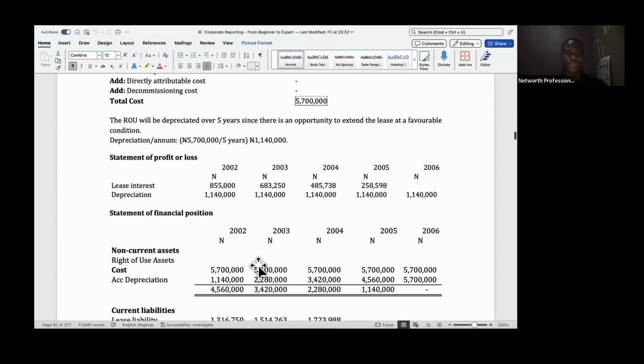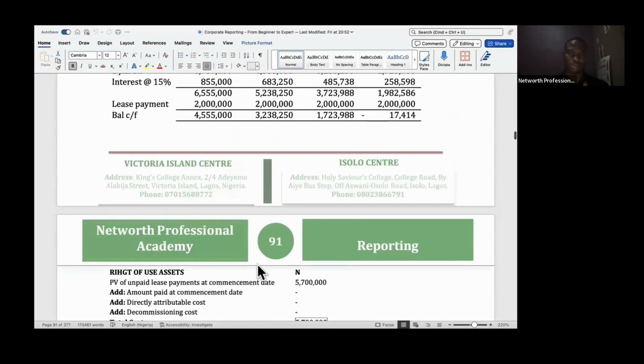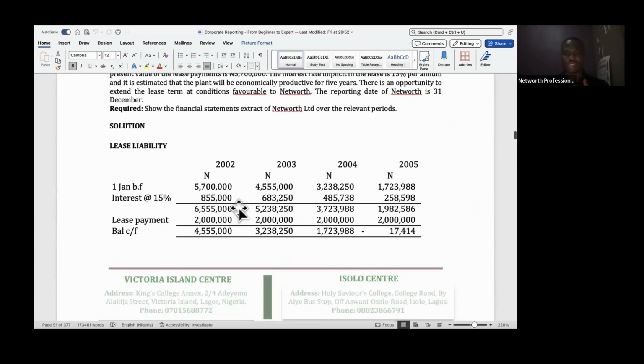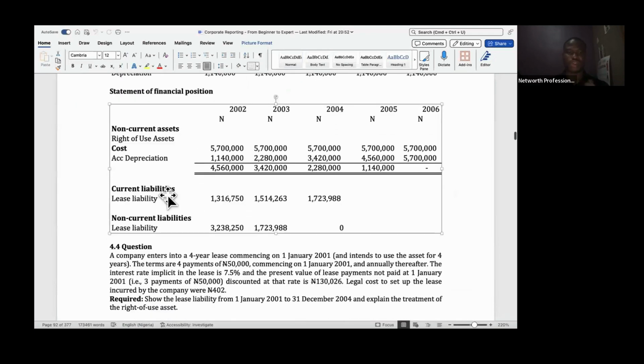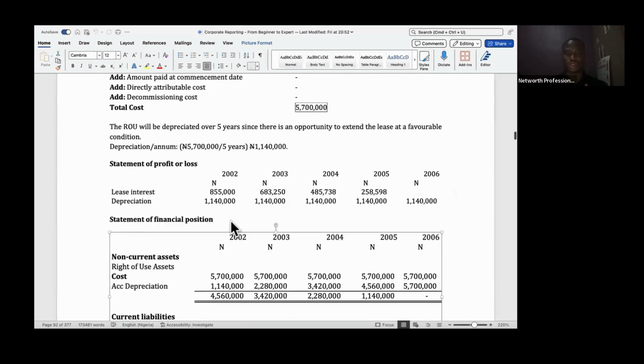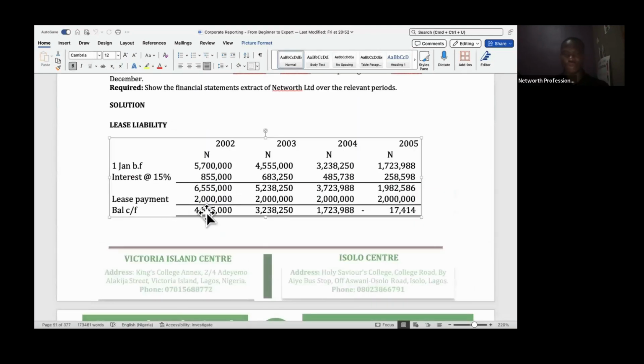Another thing that is important, like what we did in this first question, is that when we did this schedule of lease liability, when we wanted to prepare our statement of financial position, we ensured that we separated current liabilities from non-current liability. And I explained it in such a way that in this 2002, this 4.5 million is the amount you are owing at the end of the year. And out of this 4.5 million, there is a portion of it that you're going to pay next year, and there's a portion of it that you're going to pay later on into the years.